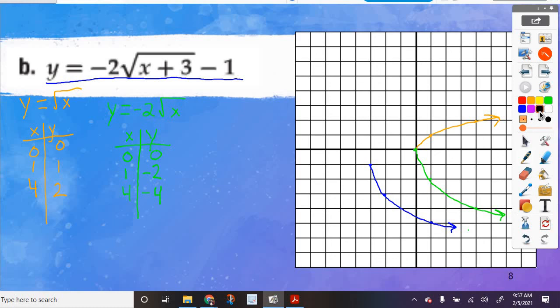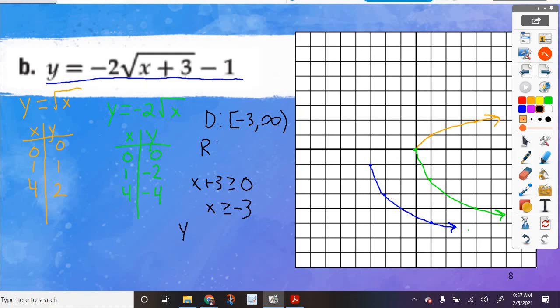So then the last thing that we want to find, again, is our domain and our range, and we would do that the same way. I'm going to set my x plus 3 greater than or equal to 0. Remember that it's only the inside stuff that I care about. So I would still have negative 3 to infinity.